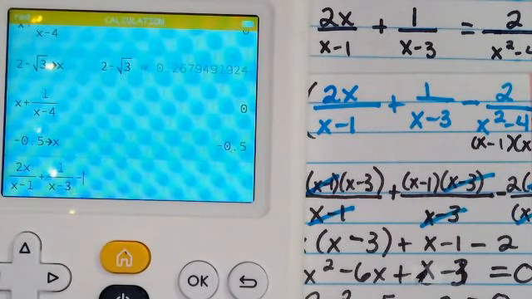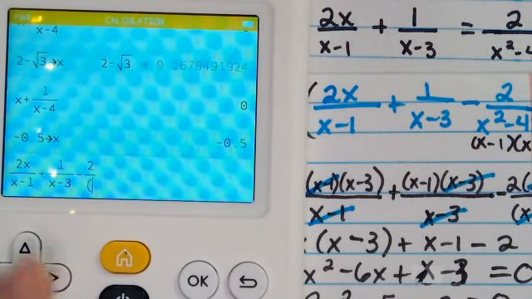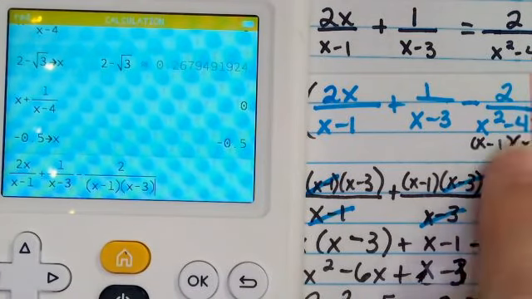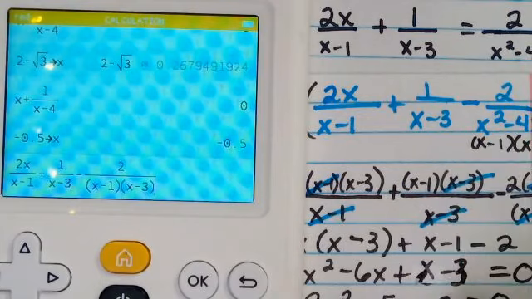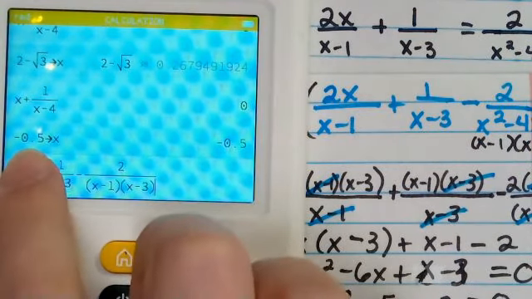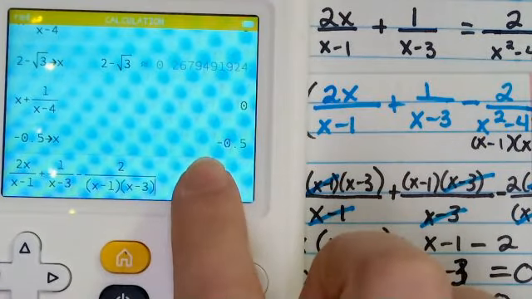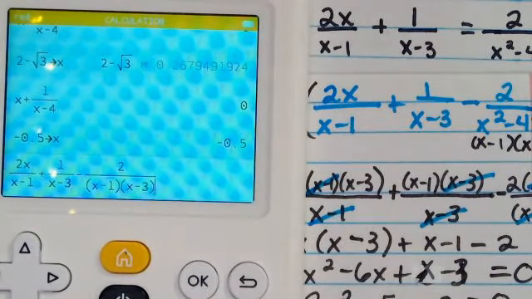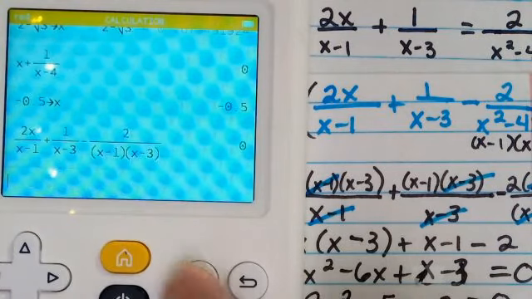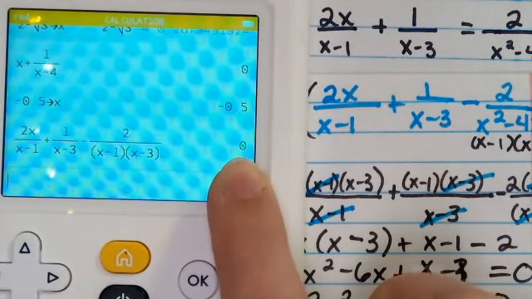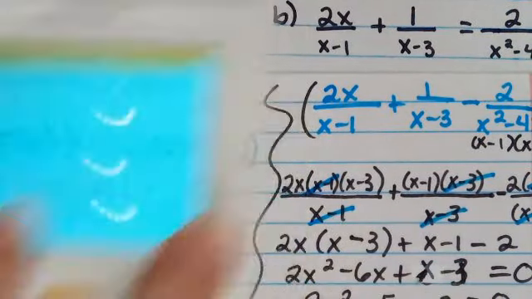Then we have minus 2 divided by, I'm just going to write it out as the x minus 1, x minus 3. It doesn't really matter if I use the factored one or the standard form one. Okay, so we typed that in. I had already told the calculator to plug in a negative 1/2. So when I hit OK, it should give me the output, and it tells me 0. So negative 1/2 is the solution.